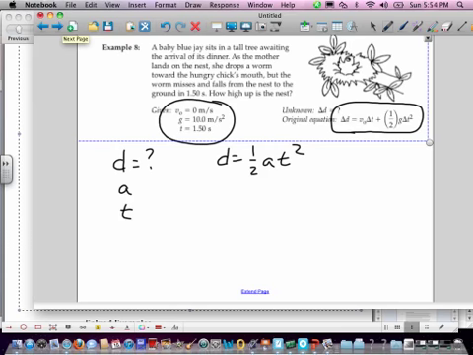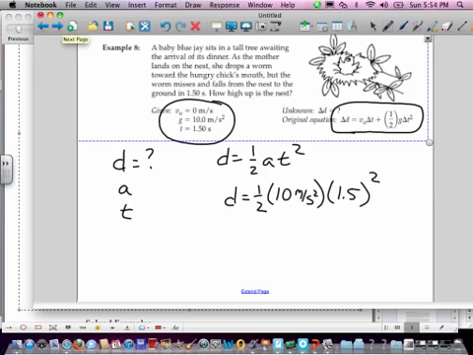Plug in what we know. We're trying to find the distance. That is 1/2 times 10 times 1.5 squared. And if you multiply that out, you're going to get 11.3 meters.